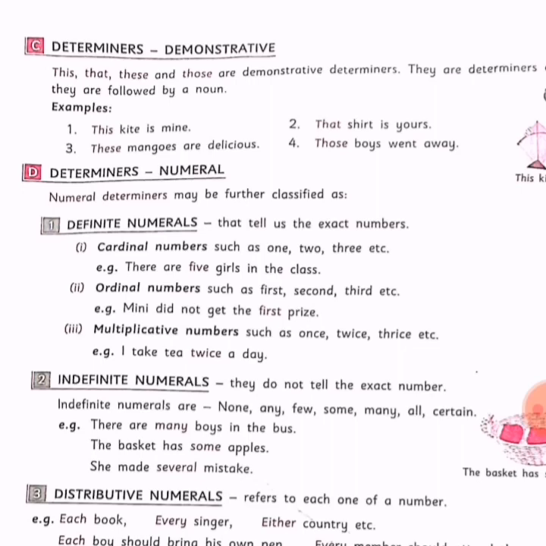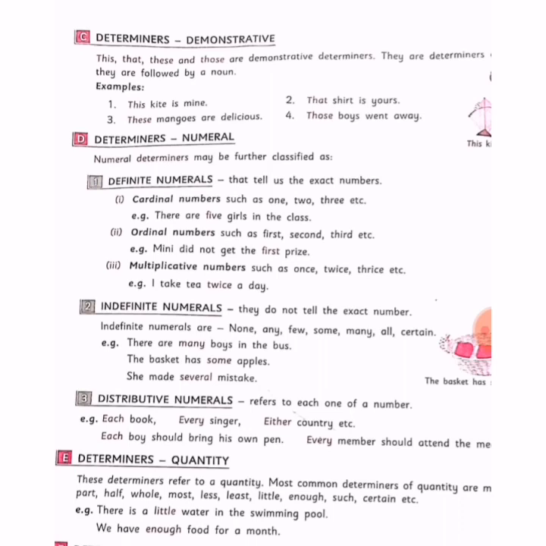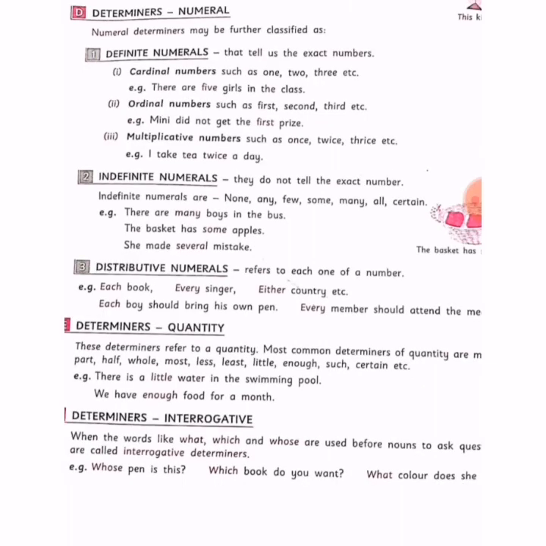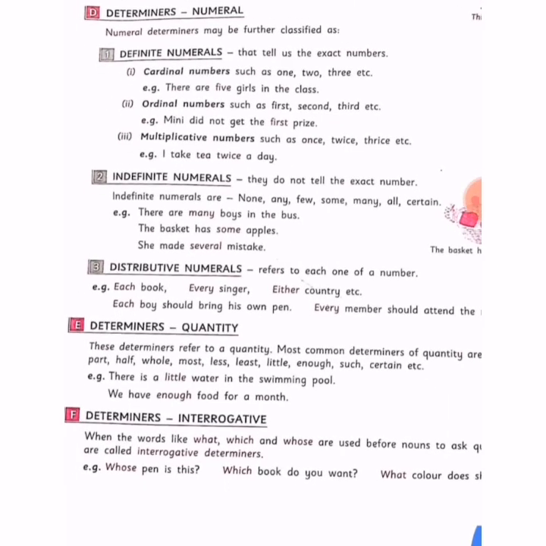The third one is multiplicative numbers, which are like once, twice, thrice. I take tea twice a day. Understood? Now coming to the second point, indefinite numerals. Definite means which we can count, and indefinite means they do not tell the exact number.